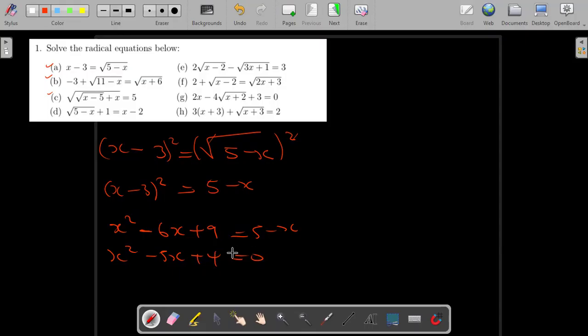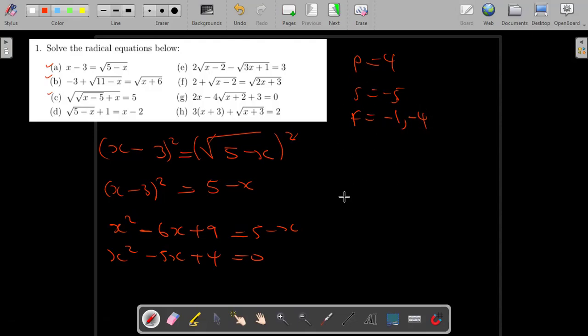So from here, what do I do next? I can use whatever method. Let's see, am I able to find the factors here? I have a product of 4 and a sum of 5, so when I multiply, I should get 4, and when I add, I should get 5. I see that to be 4 and 1.